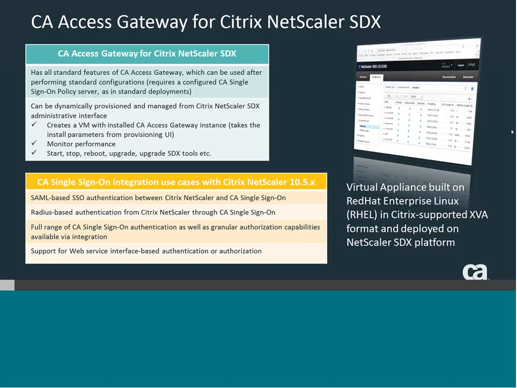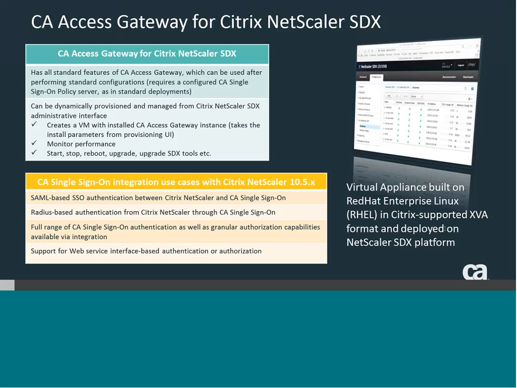Now, a point to be noted here, which is on the bottom left, is our CA Single Sign-On integration use cases with Citrix Netscaler. These integration use cases, which are around SAML-based federated single sign-on and RADIUS-based authentication, are standard features which are available, and they do not really require CA Access Gateway running on the SDX platform. They were available before, and they are available now also, and they can be used in a standard fashion.